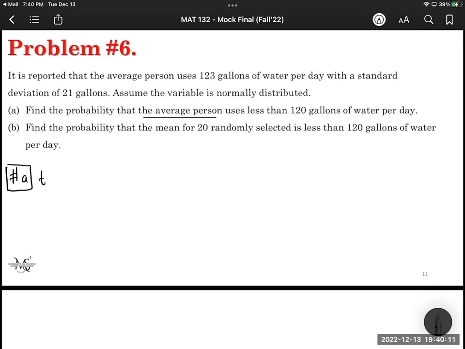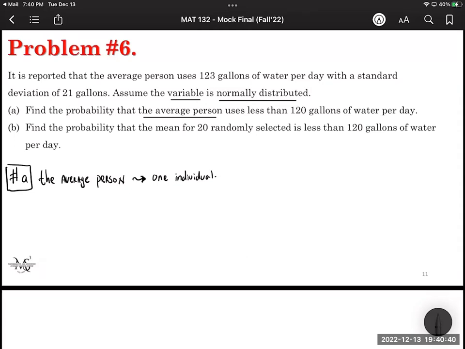So part A, the average person is like saying one individual. Now, because the variable is normally distributed, what type of graph will I be sketching here?